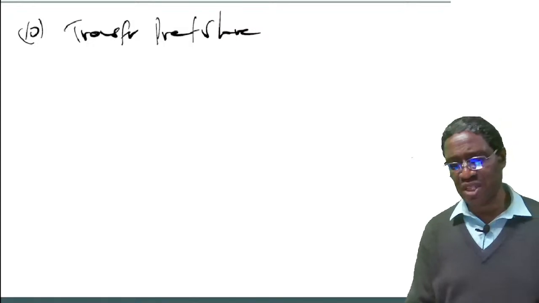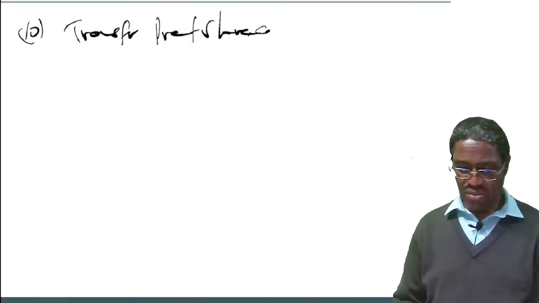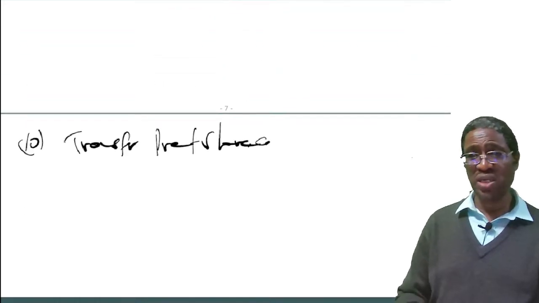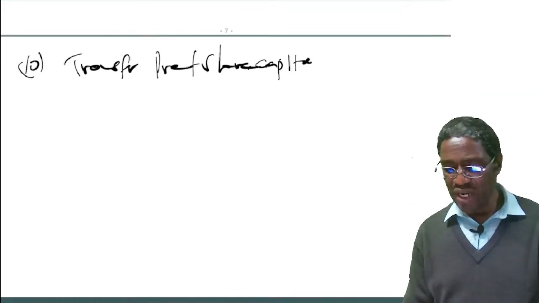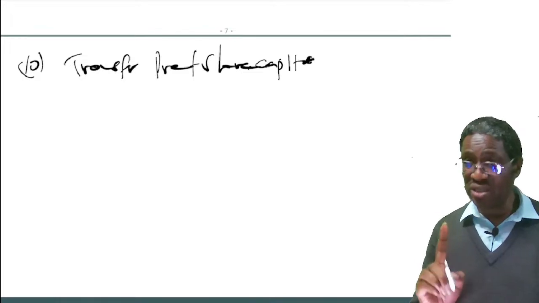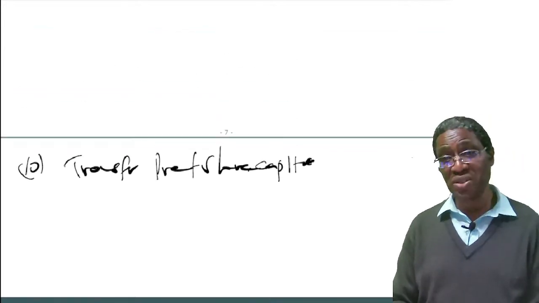So step number 10 says, you now transfer the balance of the preference share capital to an account we shall be calling preference shareholders members account.